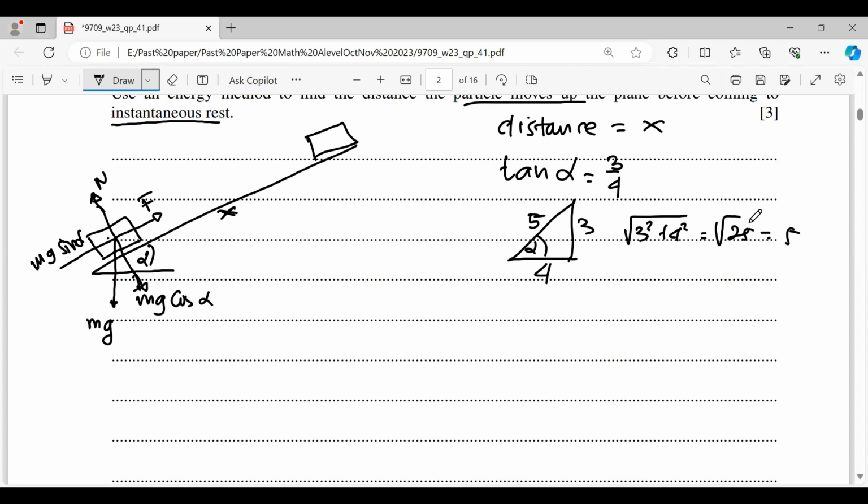Now we have to find the force acting on this particle as it moves to this position until it becomes instantaneous rest. It will stop here. So when it moves from this initial point to the final point, it needs the force mg sine alpha times x.